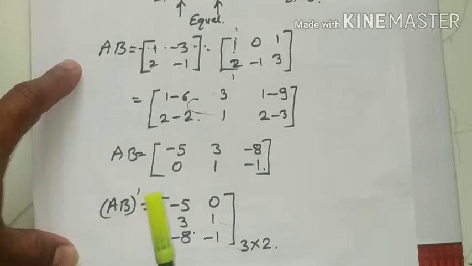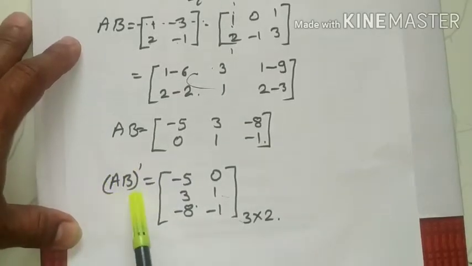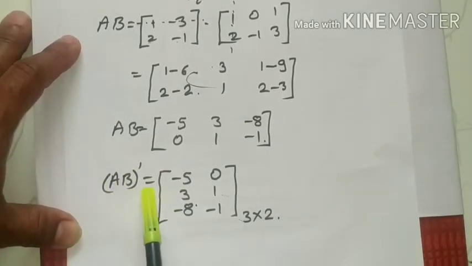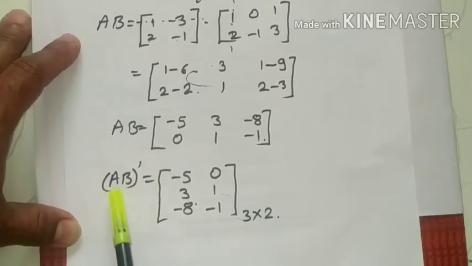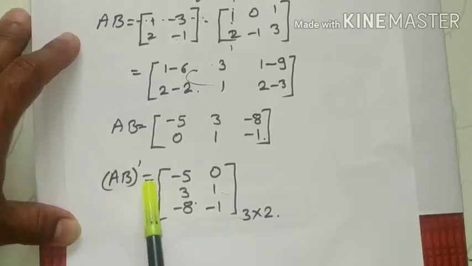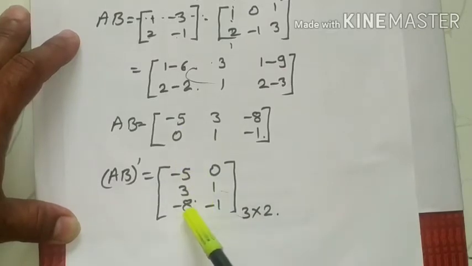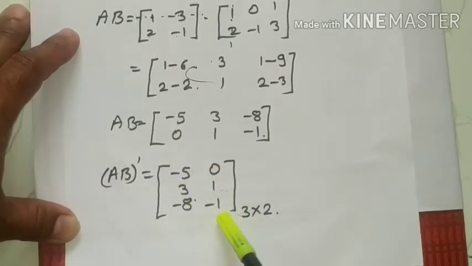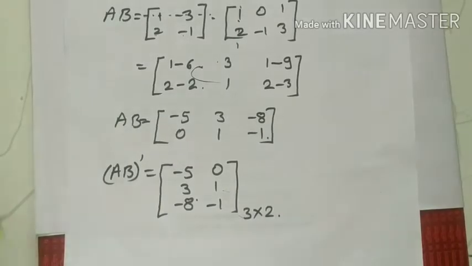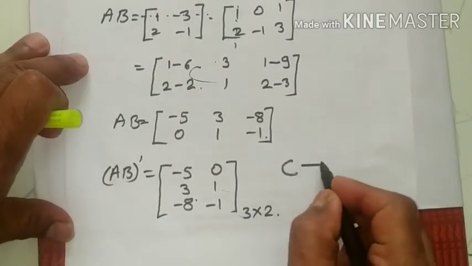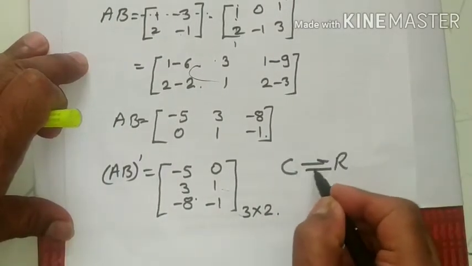Then the transpose of matrix AB is equal to [-5, 0; 3, 1; -8, -1]. Transpose means columns change to rows and rows change to columns.